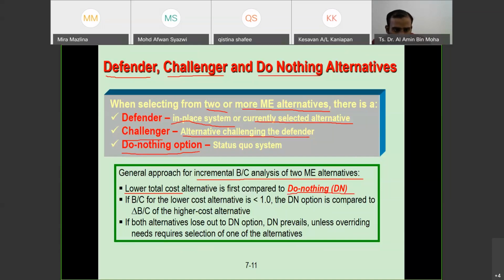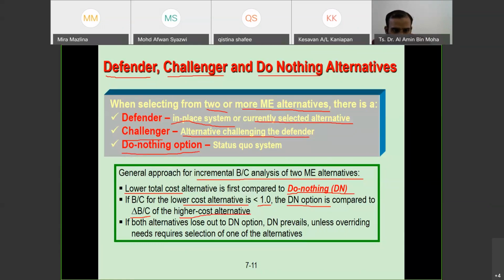If the BC ratio for the lower cost alternative is less than 1, then do nothing wins. So we are going to choose do nothing and then compare it to the incremental BC ratio of the higher cost alternative.